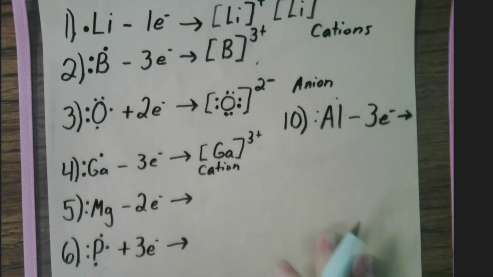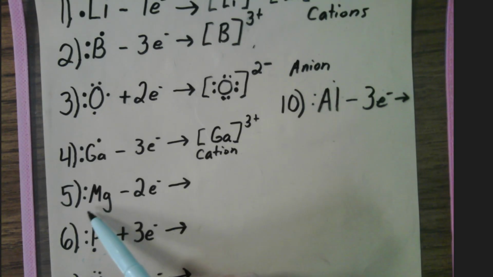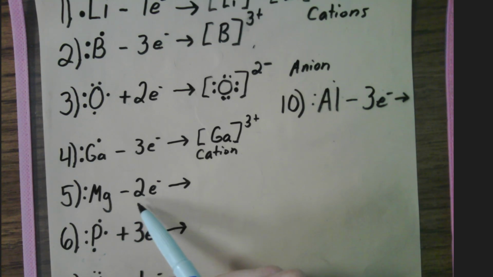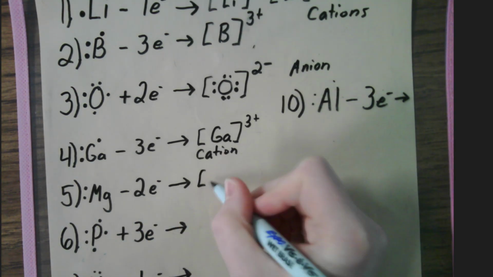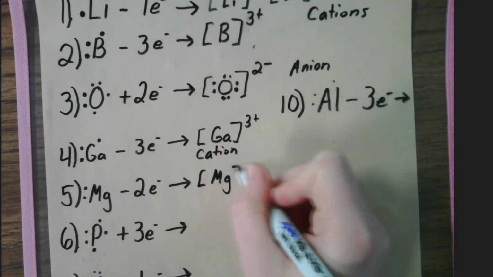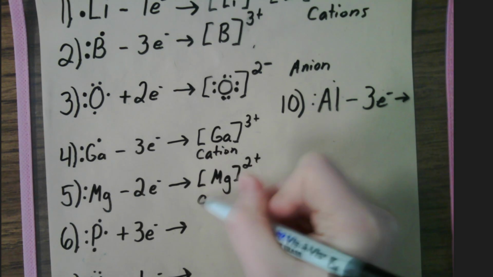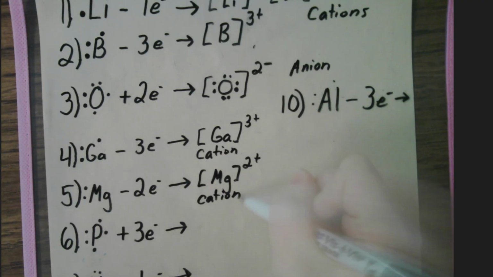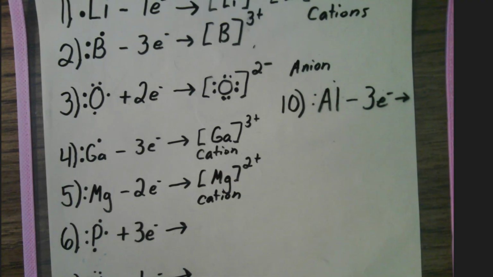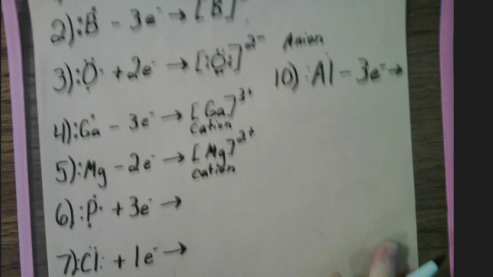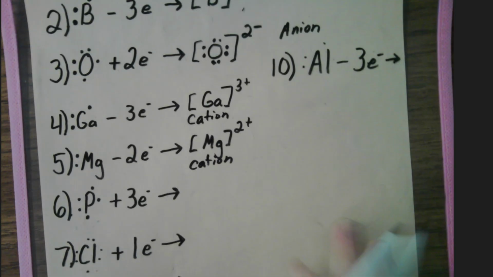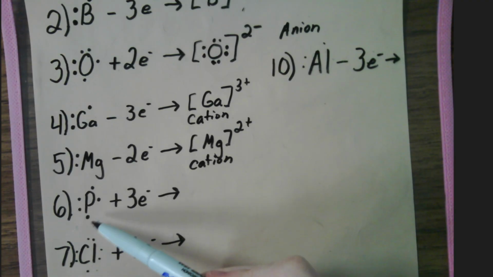Now let's look at magnesium. Magnesium, we have 2 valence electrons, and if we were to get rid of 2 electrons, we would just have magnesium with a +2 charge. This one is a cation as well because we are losing electrons, losing our negative factor.